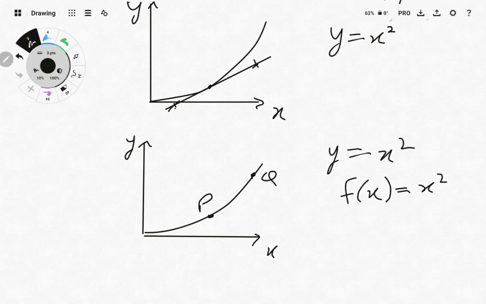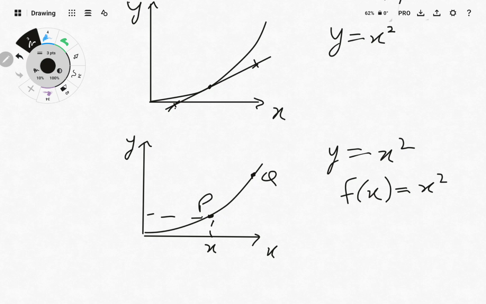And I'm going to say that the coordinates of P are x, I'm just going to call them x for now. Now you have to pay attention. x and the corresponding y coordinate.